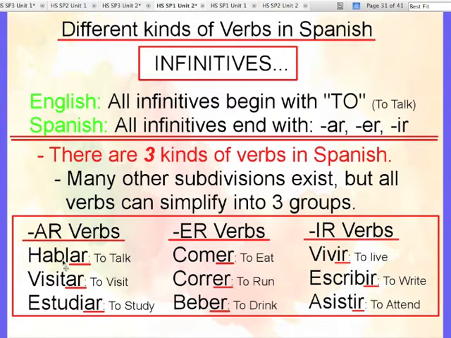Notice that I have the AR, ER, and IR underlined, and they translate to talk. Visitar is to visit, etc. With infinitives in English, you have to keep the to on it. You have to introduce the action with to.